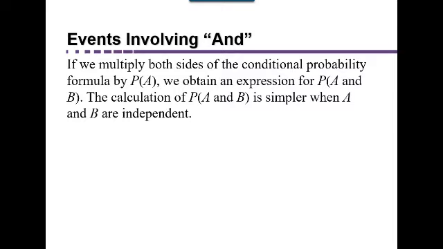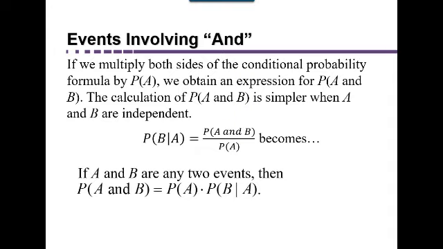All right, now we're going to move on to events involving "and." And this is related to conditional probability because, remember, the word "and" is intersection. And the conditional probability formula had the probability of A and B in it.